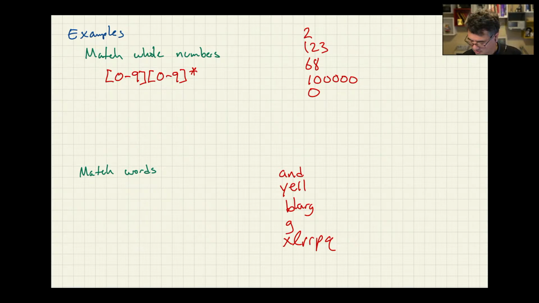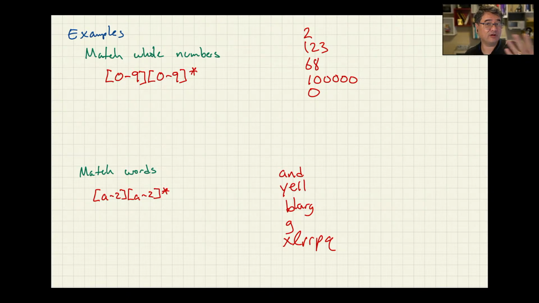So this actually would end up looking pretty similar to the numbers, except that you're doing it with letters. So we've got A to Z, followed by A to Z star.